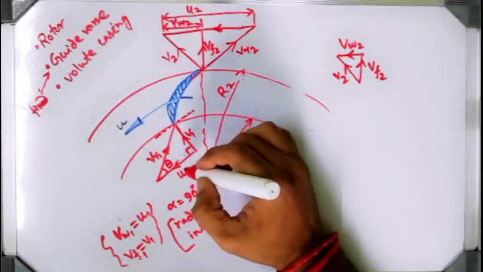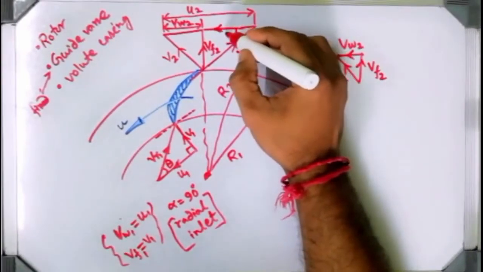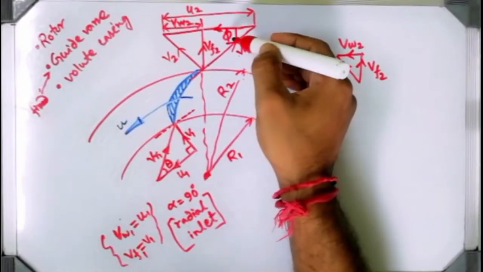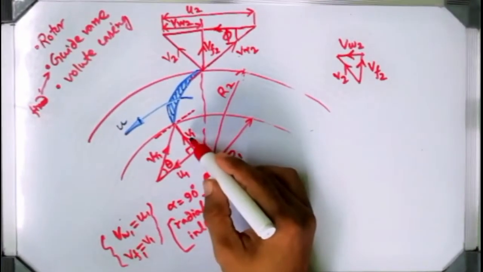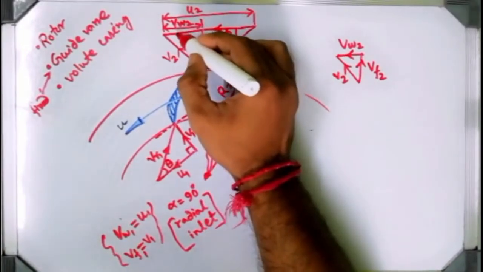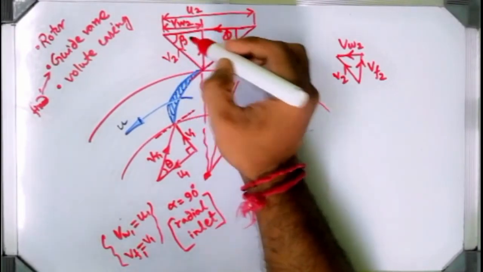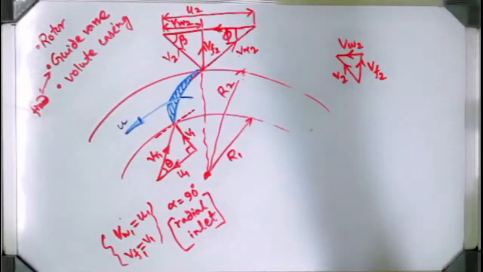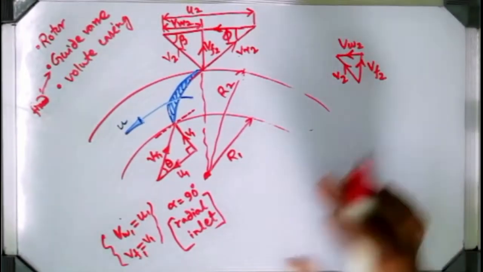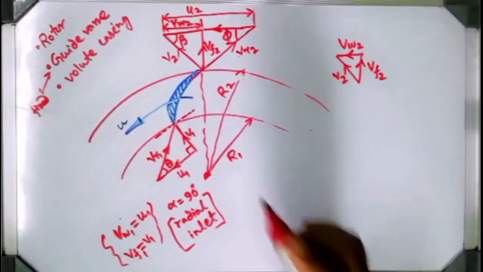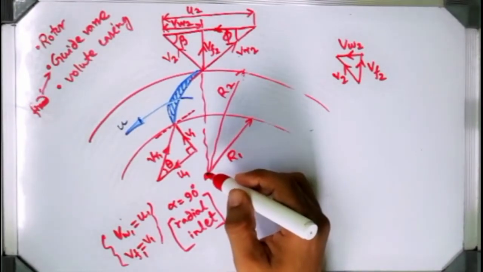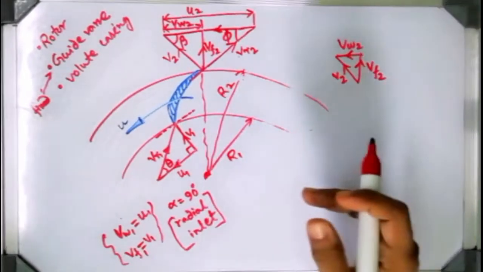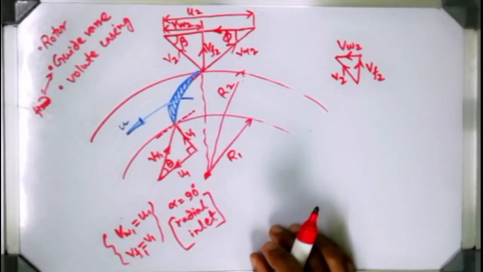And the relative velocity makes an angle with u, it will be phi, just the opposite of theta, and here v1 makes the angle with u, that is alpha, then it will be beta. That same nomenclature I have used in the case of the Pelton turbine as well as the Francis turbine. Alpha is nothing but the angle made by the absolute velocity at inlet with the direction of motion of the impeller.